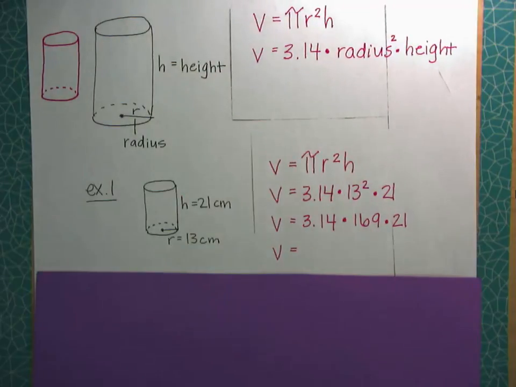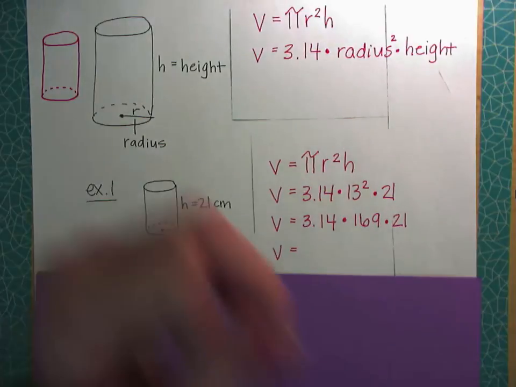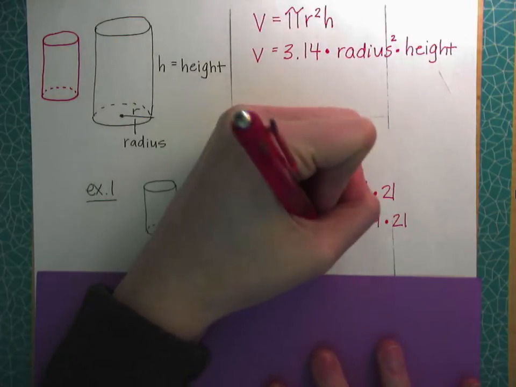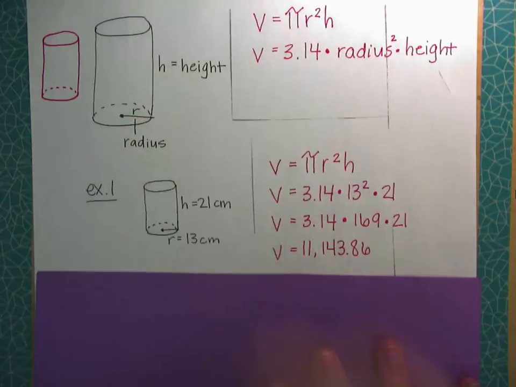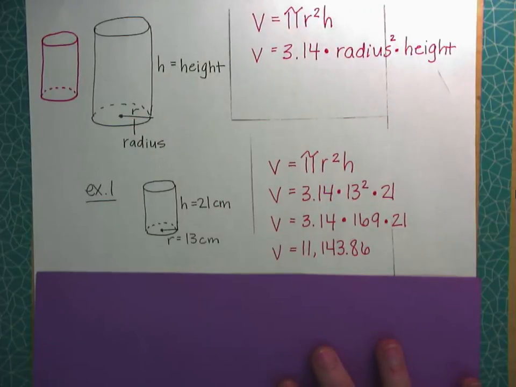And when you do that, raise your hand if you can tell me what the volume will be. Liam, what's the volume? And how do I write my units? What is cm?